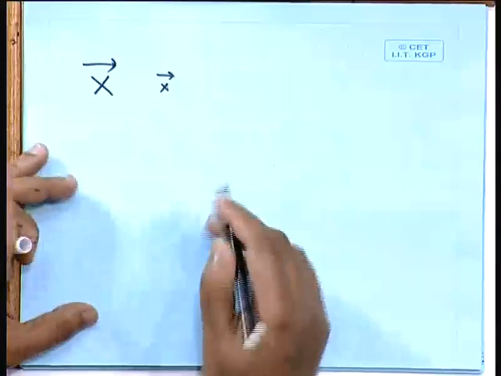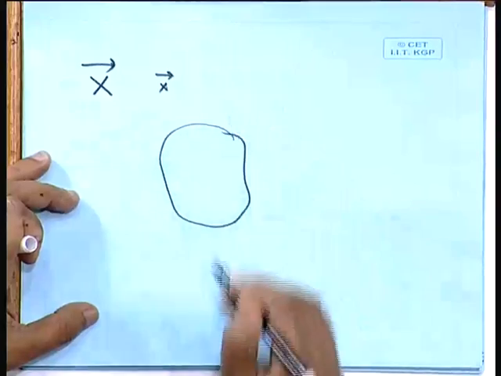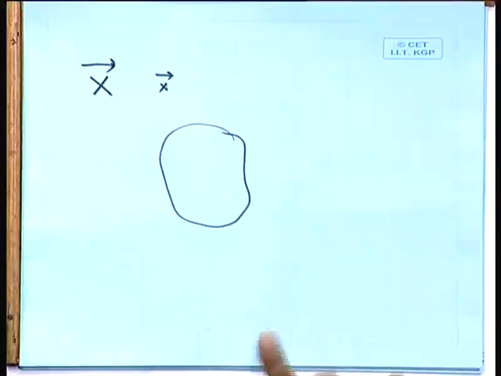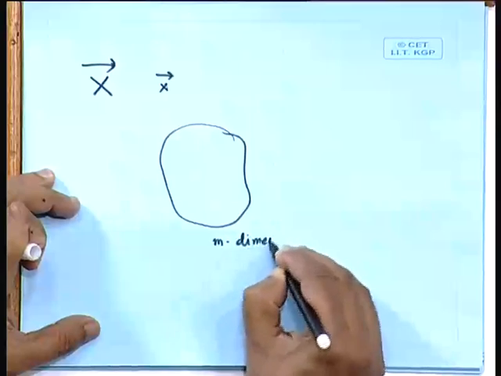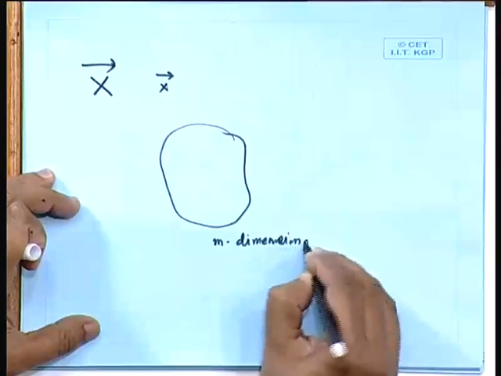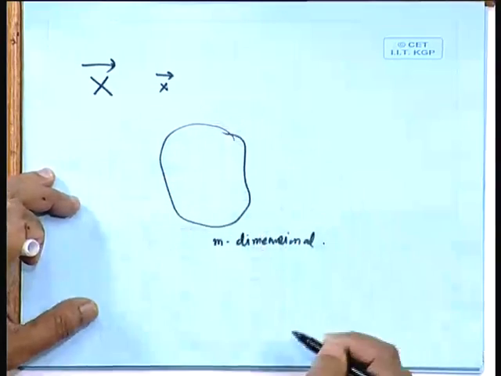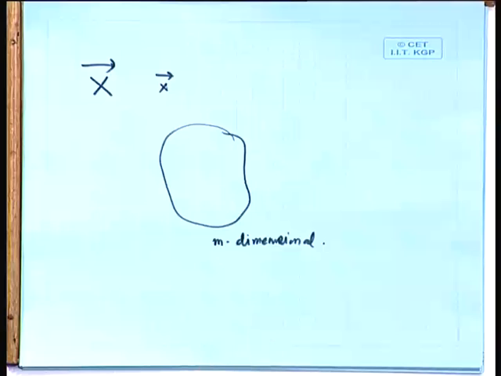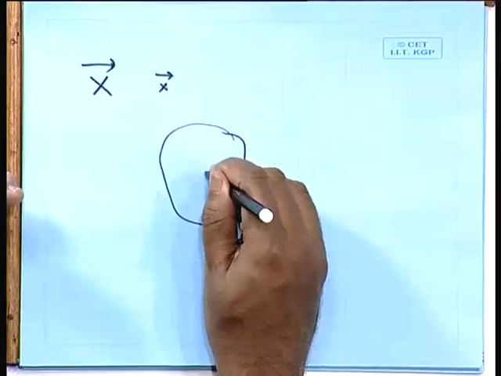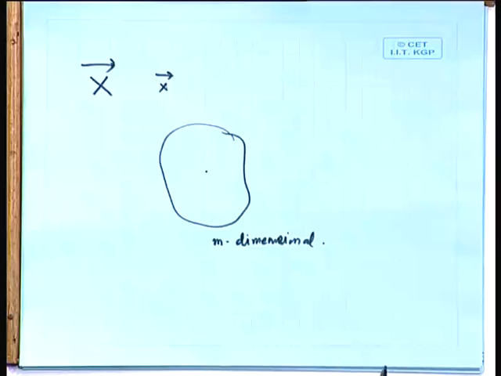Whenever we are considering an m dimensional space, if we draw any imaginary m dimensional space in which the random variable x vector can reside, then the instances of the small x vector that we are going to have will be around, let us say, this mean vector.